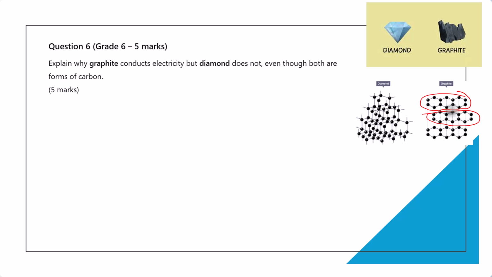So they occur as layers forming hexagons. The intermolecular forces between those layers are weak. That means they can slide past each other easily. So graphite is soft in that sense.